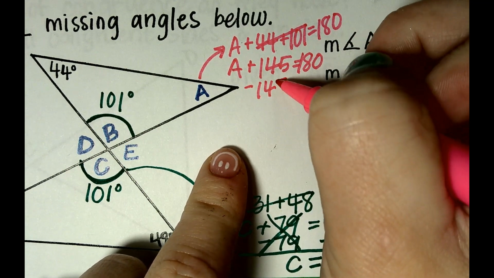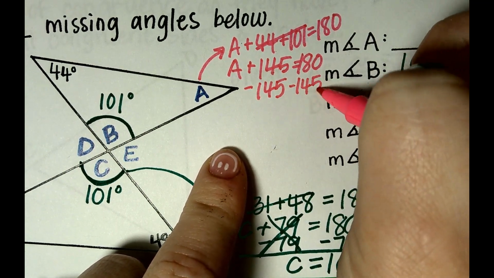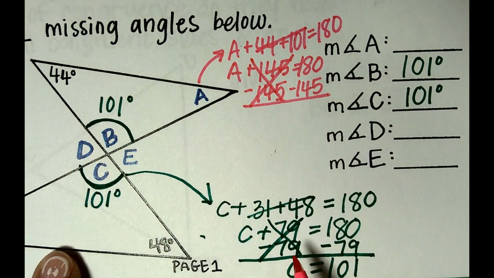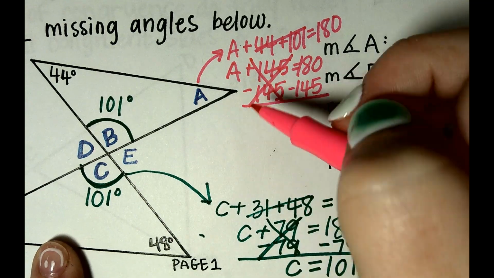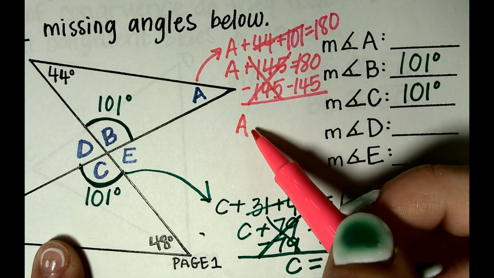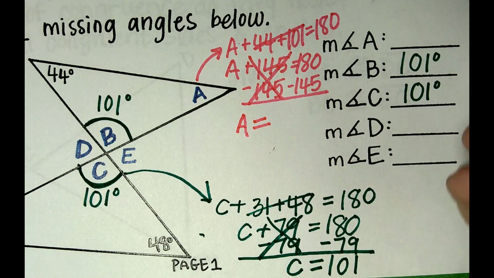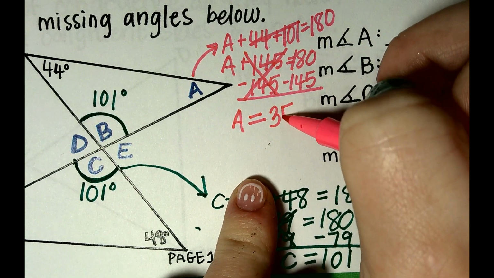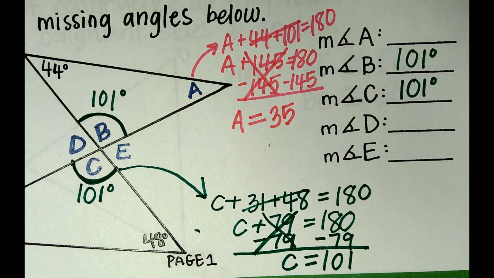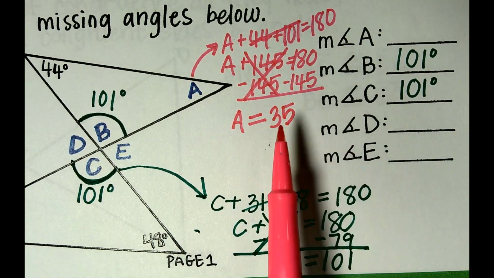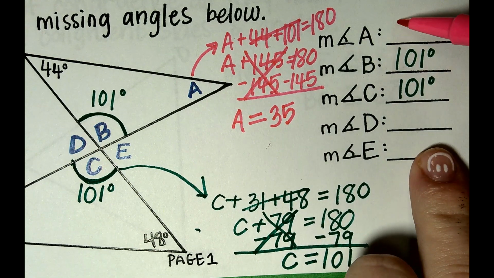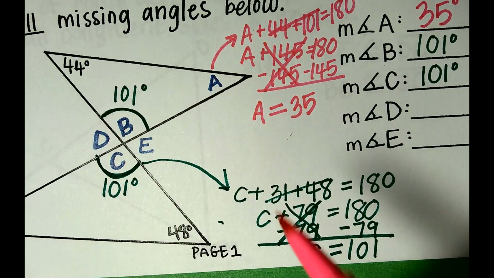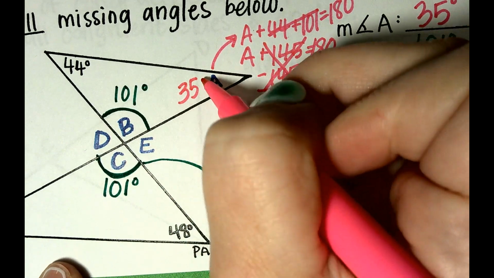So A equals 180 minus 145, which is 35. Okay, so we found A. Let's fill that blank in. 35 degrees. And I like to draw it on my picture too.